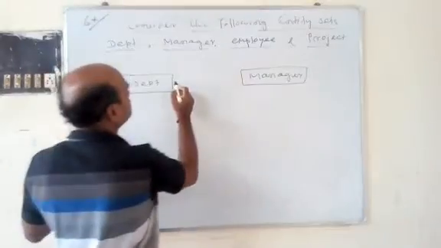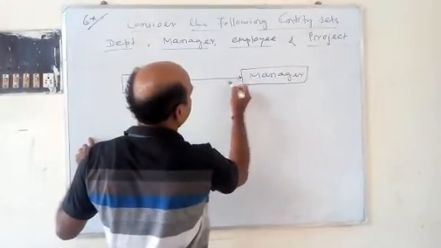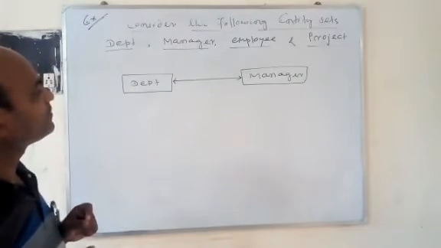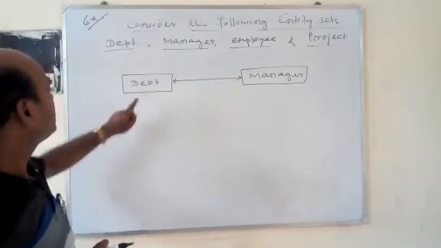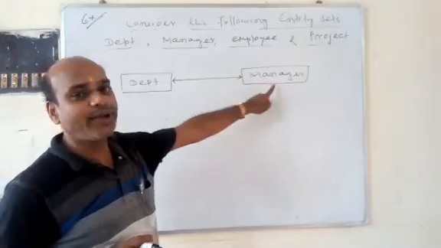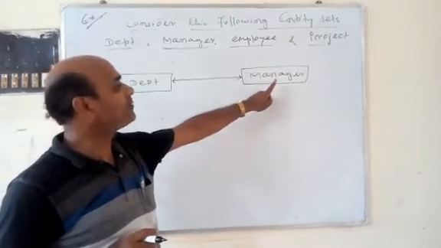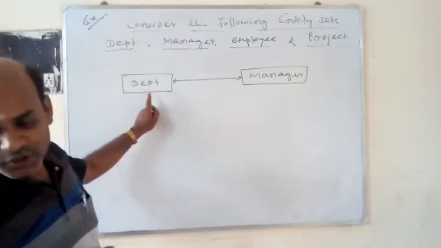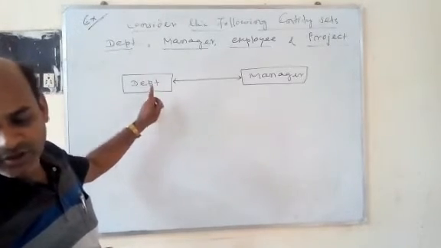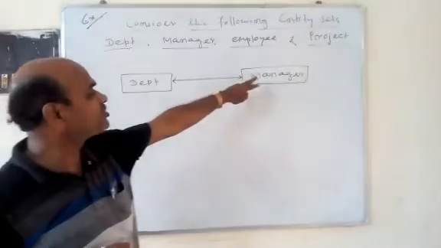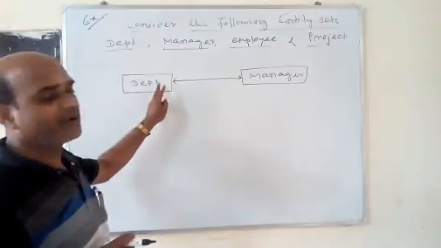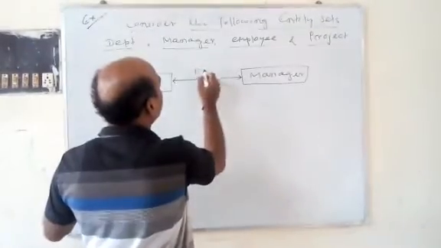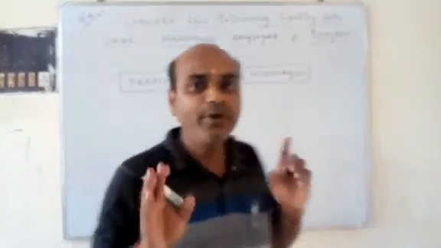This relationship is considered one-to-one because there is one manager in a department of the organization. There is only one manager per department, and a manager is working in a department. So this relationship is a one-to-one relationship. Is my point clear?